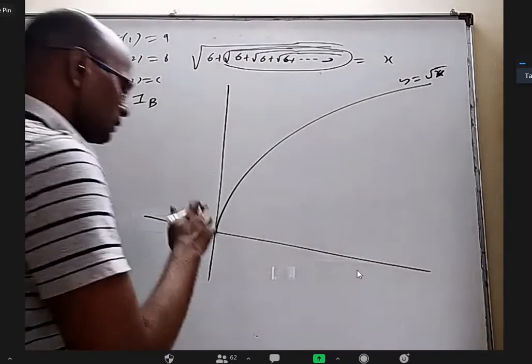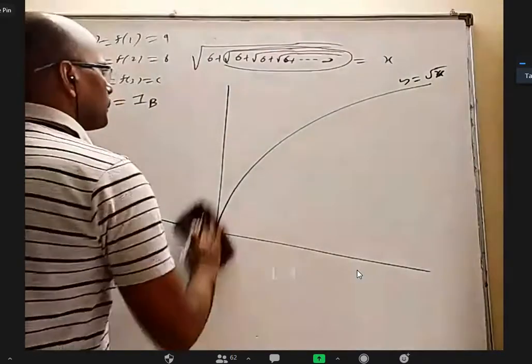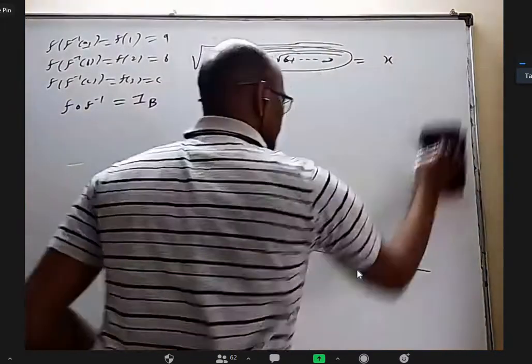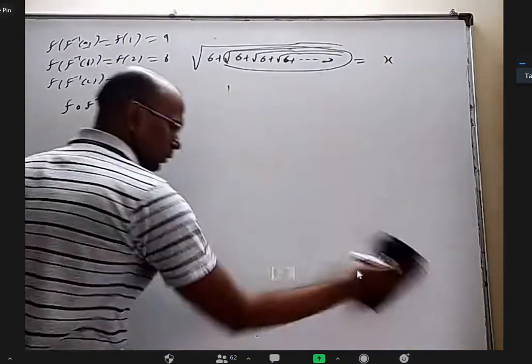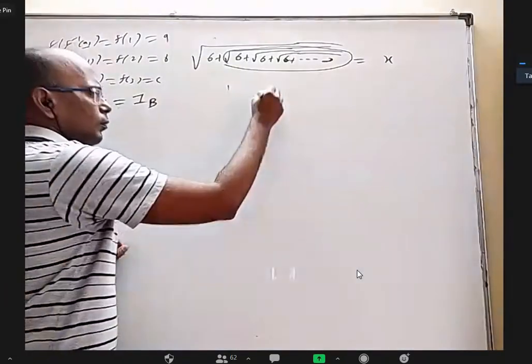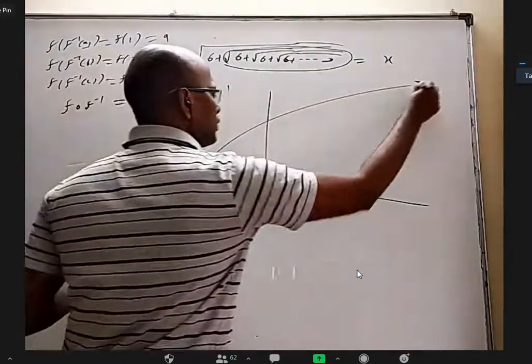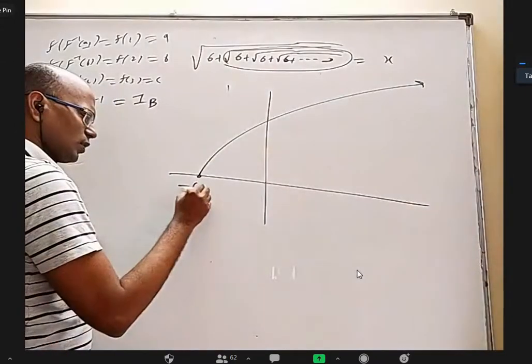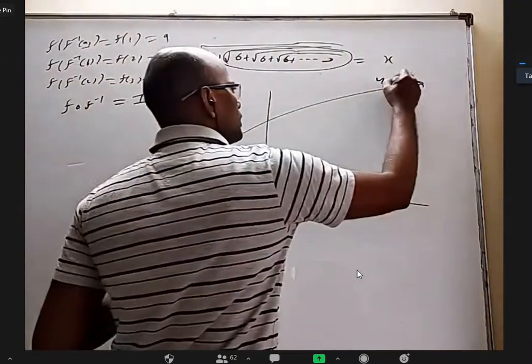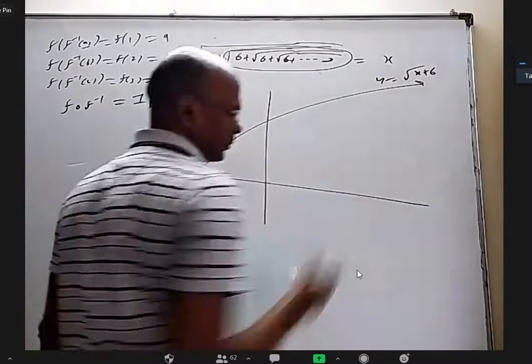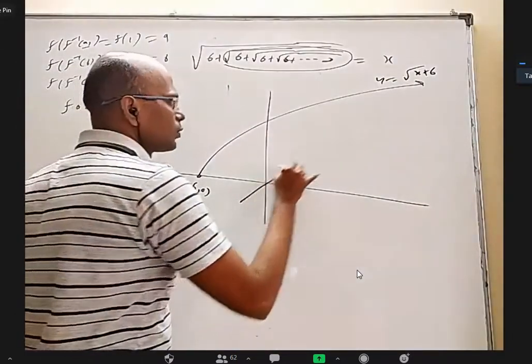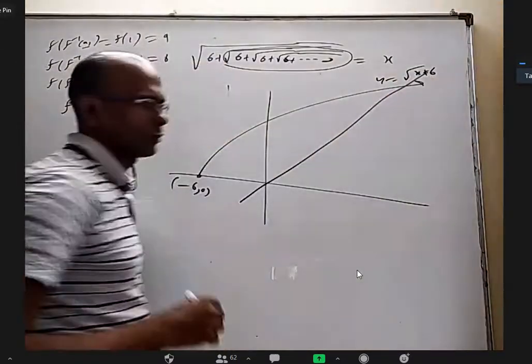I want to take root x plus 6, this one. Actually, this point is minus 6 comma 0. This is a graph of y equal to root x plus 6. And y equal to x will be like this.